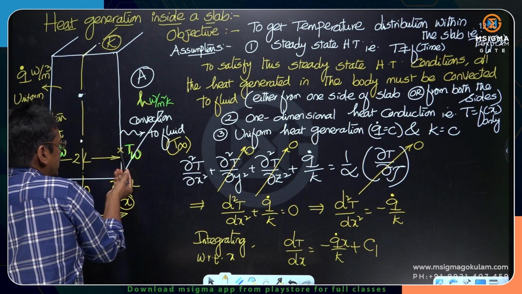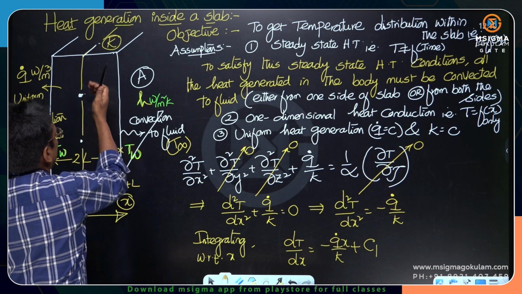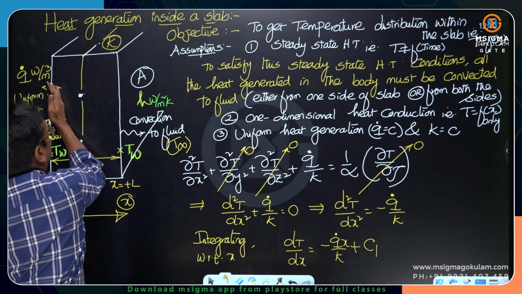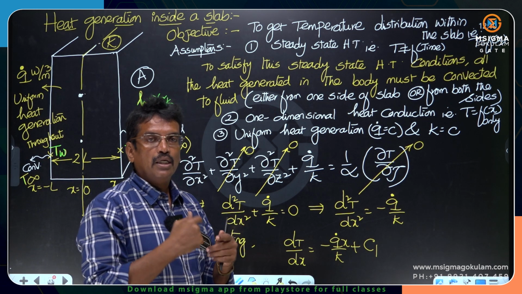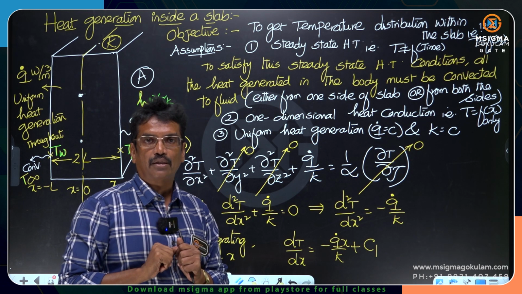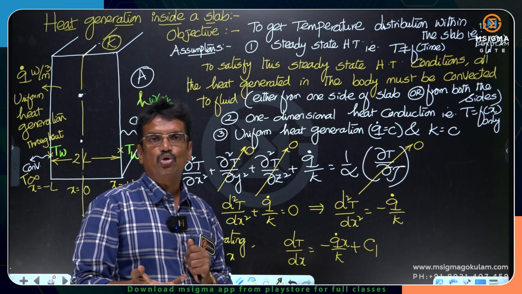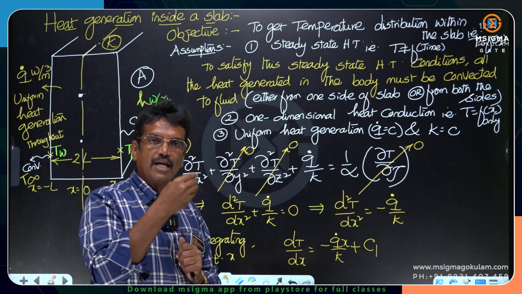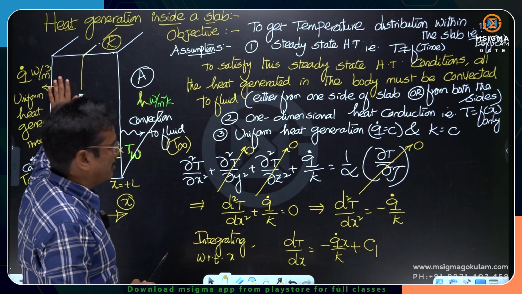In case both sides are at different temperatures, you may see the maximum temperature either in this portion or in this portion. The converse is also true: if both sides of the slab do not have the same temperature, then you will definitely not see the maximum temperature at the midplane. The maximum temperature might happen either in the right half or in the left half.